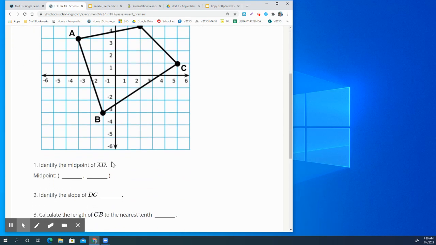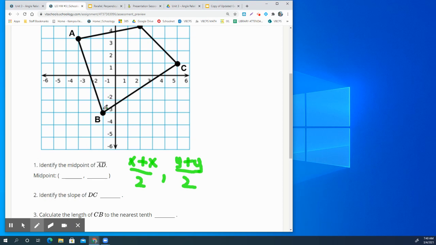All right. So we need to find the midpoint of AD. How do we find the midpoint? x plus x divided by 2, and then what? Y plus Y divided by 2, absolutely.